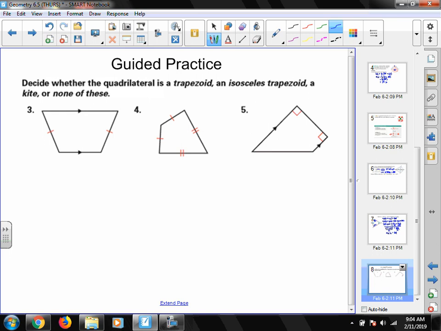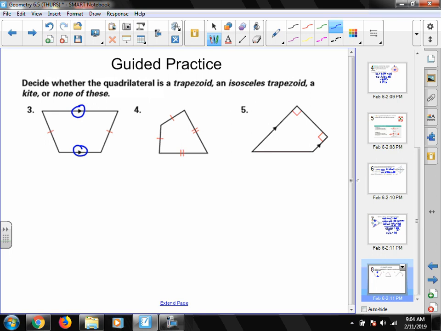Okay, hopefully you guys have already paused the video, come up with your answers. So this first one, number 3 here, okay, I've got two parallel lines. These are parallel, and so right away, I know I'm working with either a trapezoid or an isosceles trapezoid.